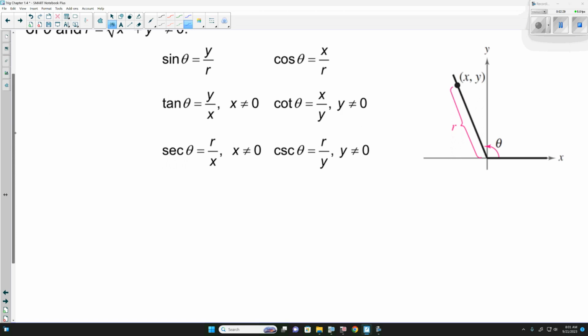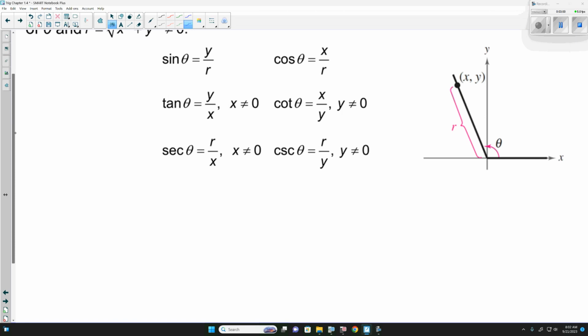And we do have these here. Sine of theta is equal to y over r. Cosine theta is equal to x over r. Tangent of theta is equal to y over x.